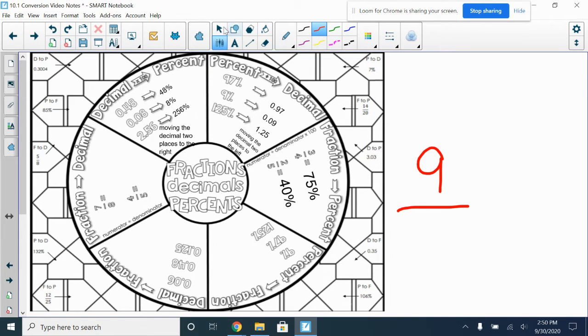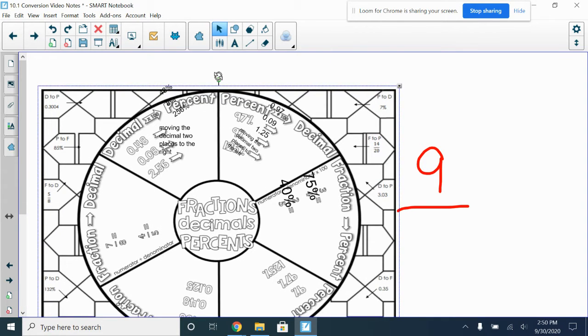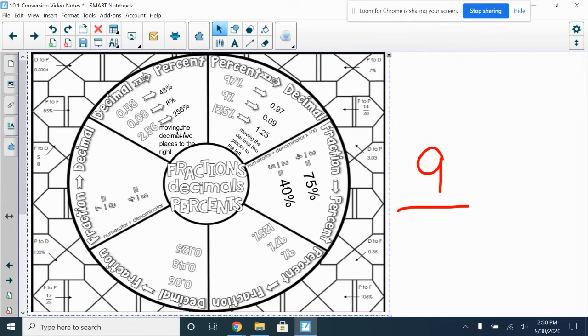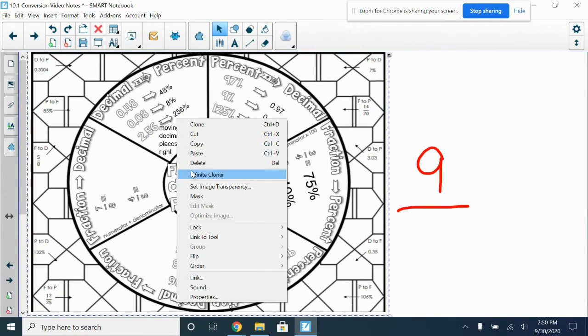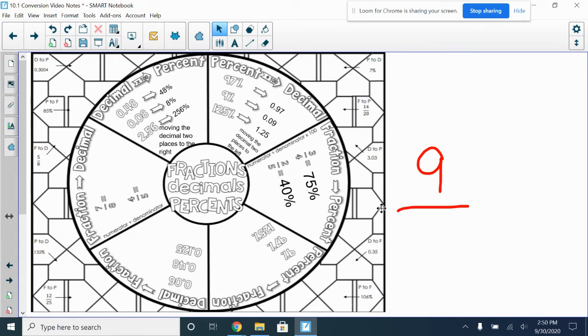Let's see if I can turn this so that you're not turning your screens or anything crazy. So I'm going to move it. We know that 9% as a fraction is 9 over 100.